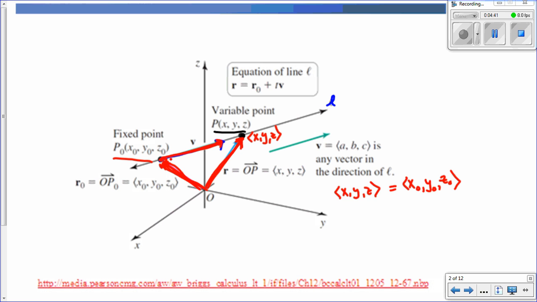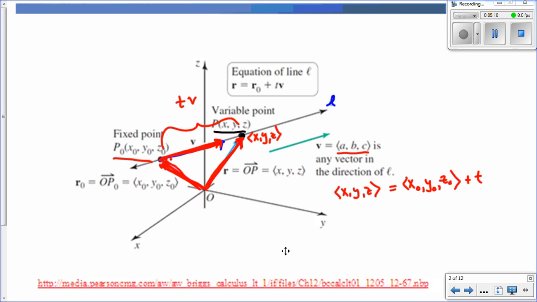Now that vector v is just giving us a direction, but we know that this vector from here all the way to that point would be some multiple of v. So we'll say it's t, which is some parameter, some real number, times v. So plus t times v, and v is this vector that's giving us the direction of the line. Now they may give us that as just a, b, c.